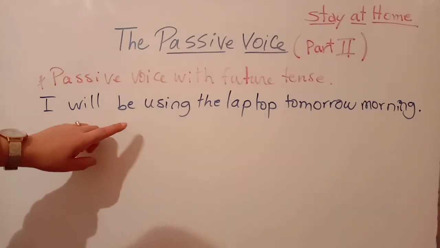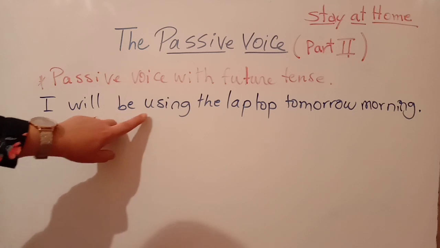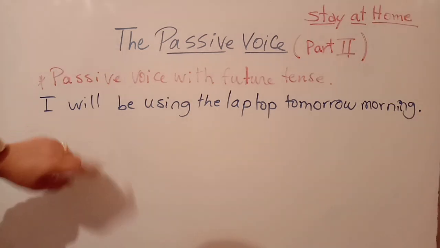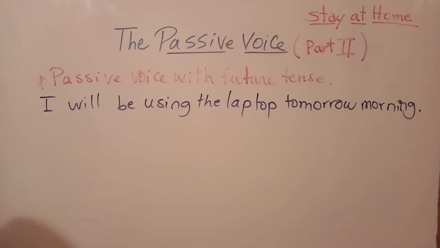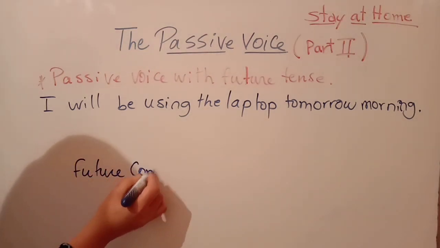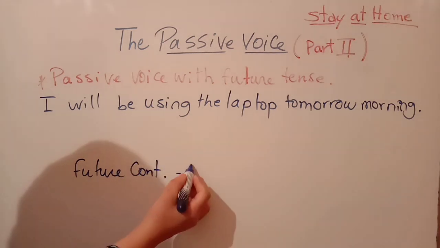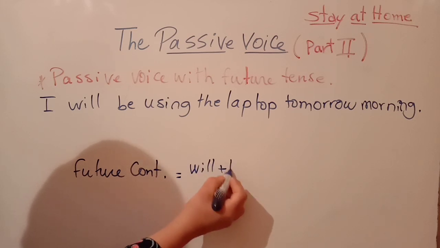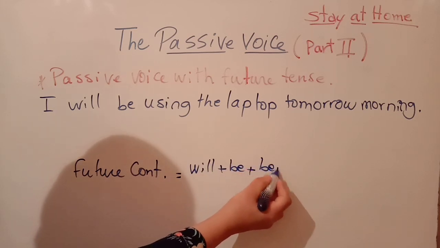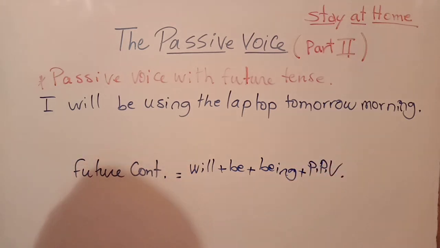Another example with the future tense is the following. I will be using the laptop tomorrow morning. So as you see here in this example, we are using the future continuous with will plus be plus verb ing. So when you have this form in the active sentence, which is future continuous, it becomes in the passive voice will plus be plus being plus past participle of the verb.